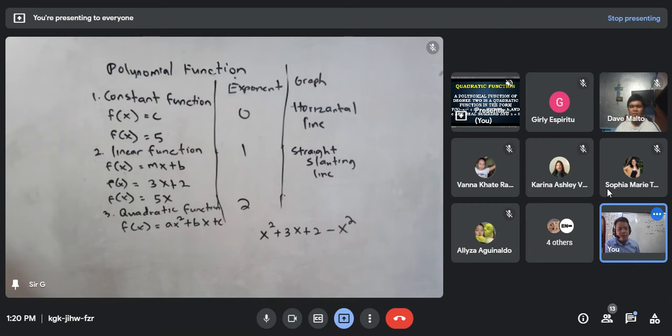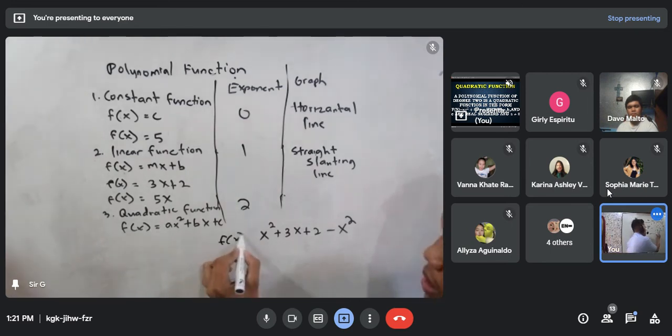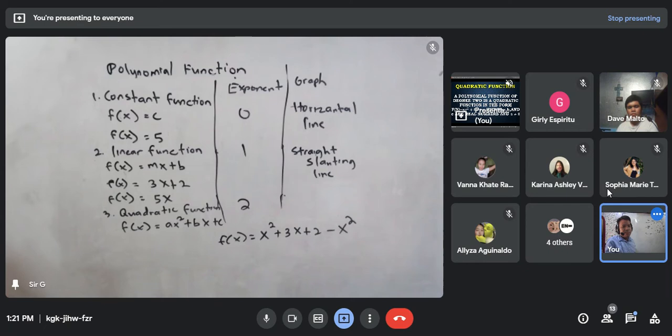We must simplify it. Ganun lagi inaalala natin sa isang function. First, dapat naka-simplest form po ito. Do you think na itong function na to is naka-simplest form? May combine like terms po ba tayo dyan? Kasi hindi naman tayo makakapag-justify agad kung hindi to naka-simplest form.